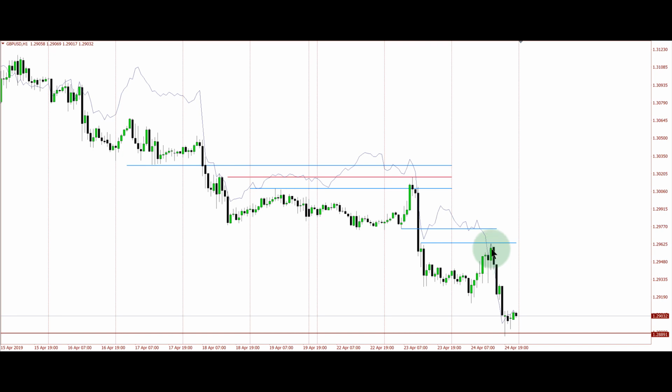129.60. The close on this candle comes in at 129.59. The high comes in at 129.62.5. This candle opens and creates a high. The open is 129.60.